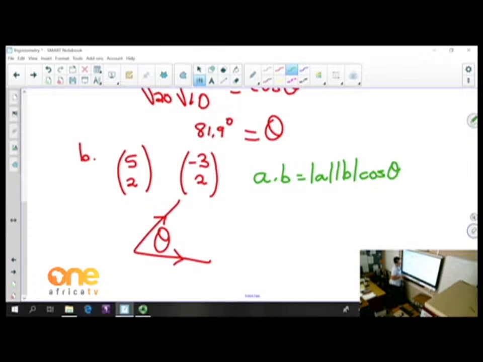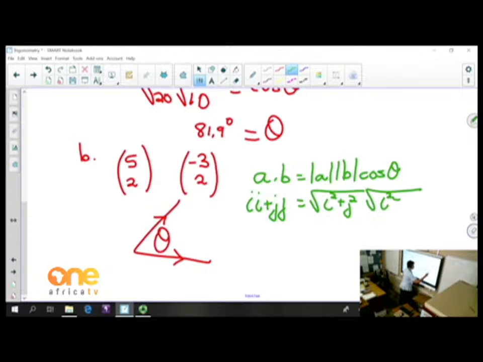So now I have to do that. What is the meaning? ii plus jj is equal to the magnitude of i squared plus j squared, times the magnitude of i squared plus j squared, cosine theta.